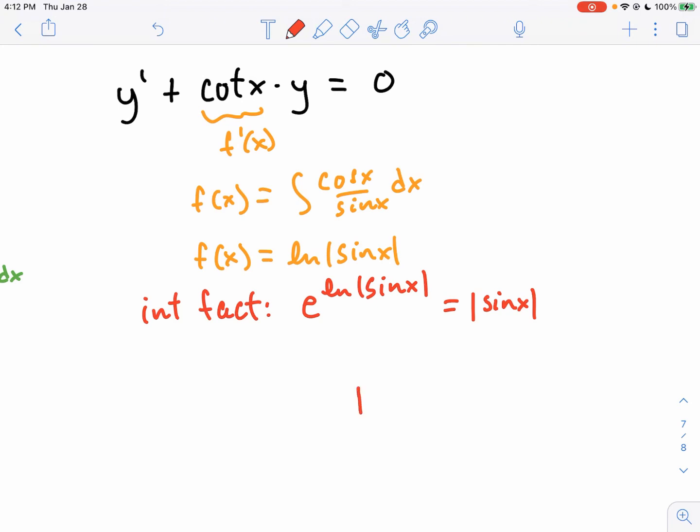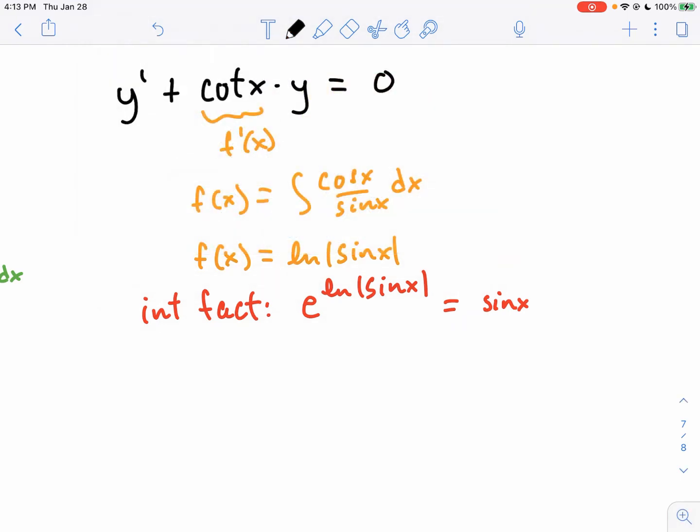Right? Just recall that if you say the absolute value of a, it's one of two things. It's either a or negative a, depending on whether a was positive or negative. And we just need, for our integrating factor, just a function. It can be positive or negative. We just got to pick one of the two. So we can effectively just get rid of the absolute values and just verify that this works if I go with sine of x instead of absolute value of sine of x.